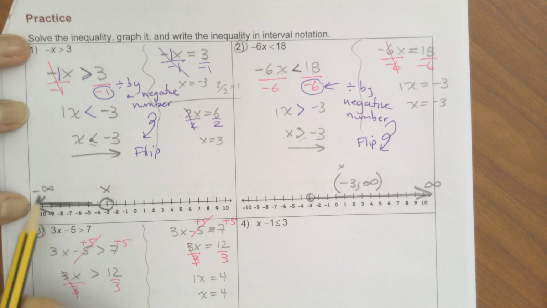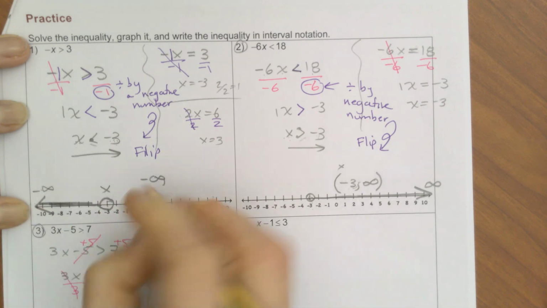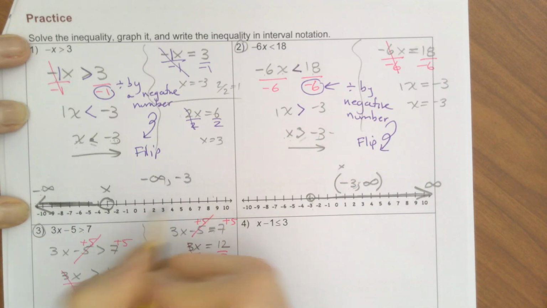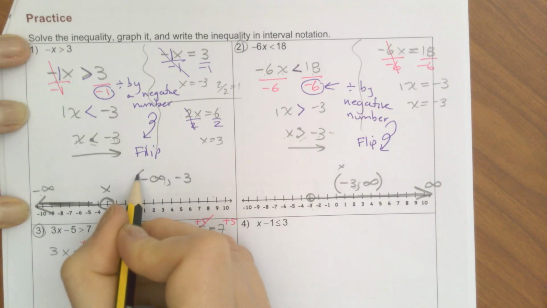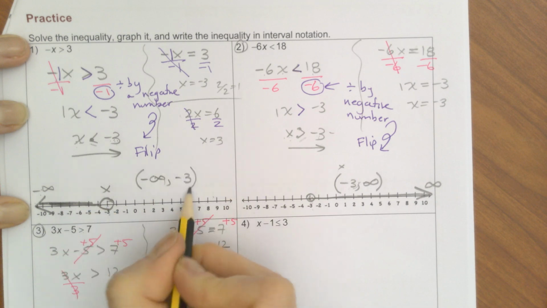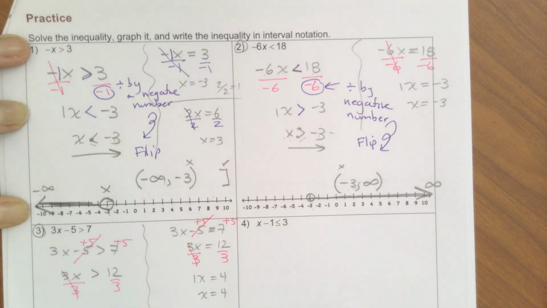So this goes from -infinity, or -3, all the way down. So the negative is on that side. The -infinity has to stay on the left, and then the -3 is on the right. Infinity is always round. -3, do I want it? No, so I use a round bracket. Round bracket means I don't want it. Square bracket means I want it. Okay?